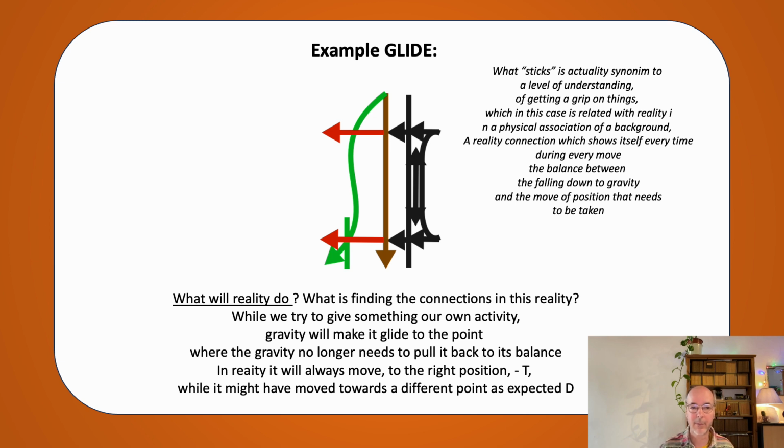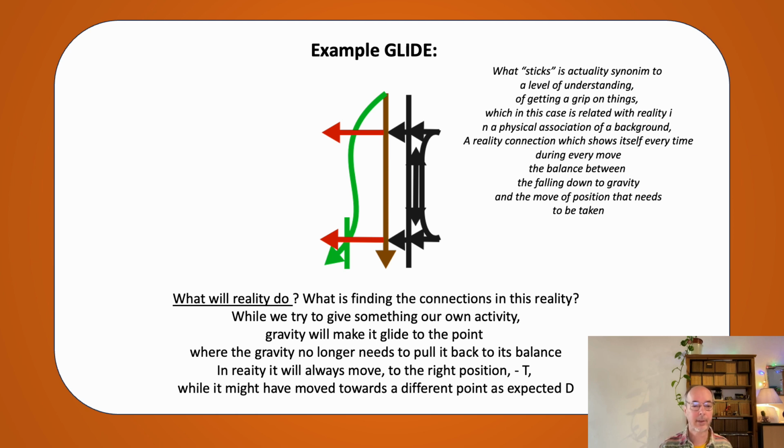When you still keep your balance and stick to what you know, when you progress forward, you will be still in balance. This gliding towards something is natural. Let it go. Let it glide towards where it should glide, and it doesn't fall down. It's just a glide towards a new position.